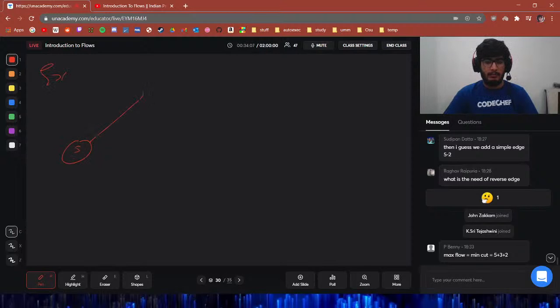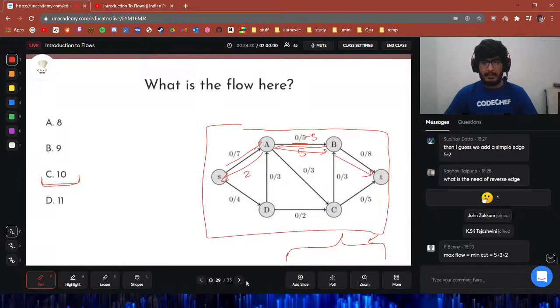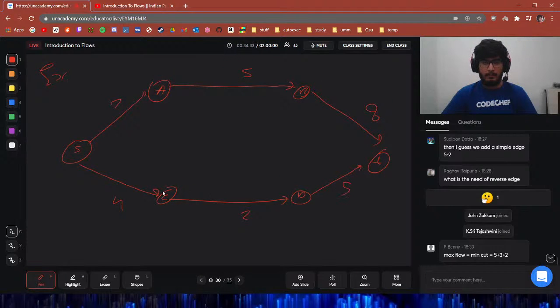So here is a source, here is 7, this is going to be A, B, T, this is going to be C, this is going to be D, this is going to be 5, this is going to be 8, 4, 2, 5, 3, 3, 3, right? So adding the reverse edges as well. These are going to be the reverse edges.